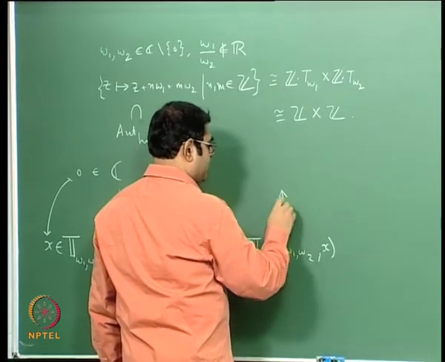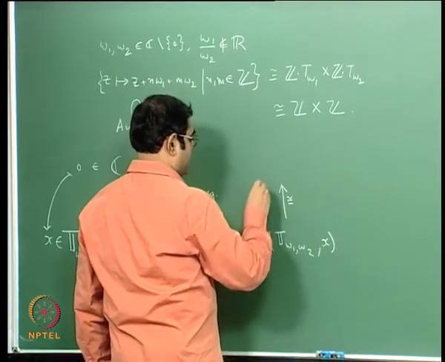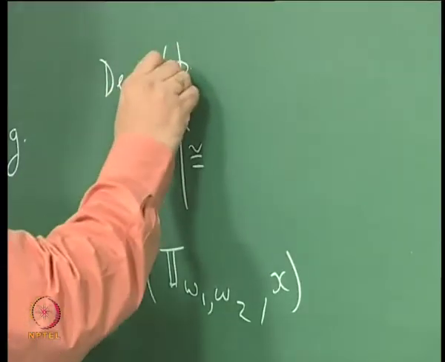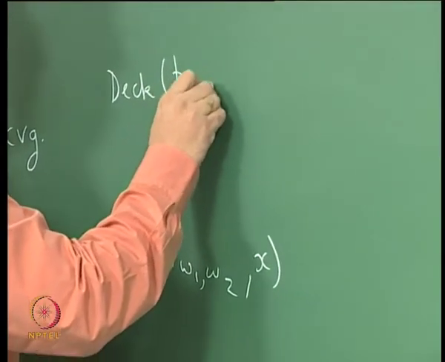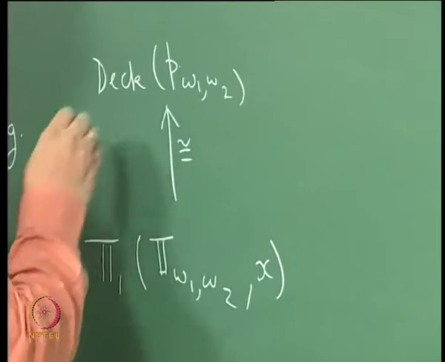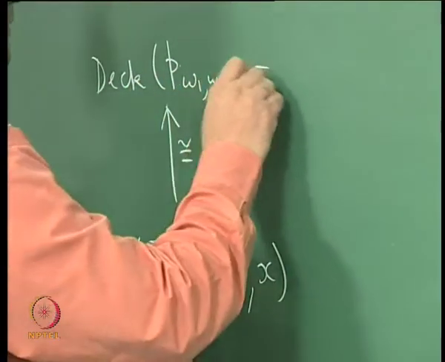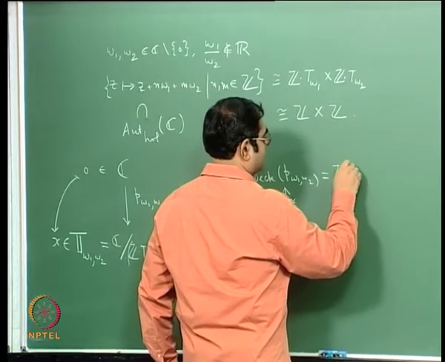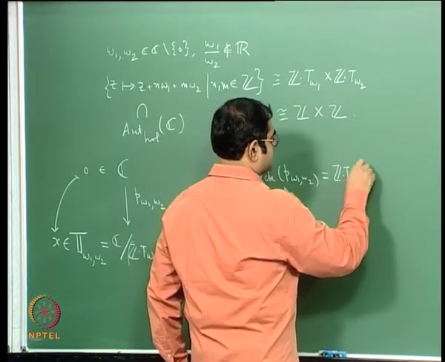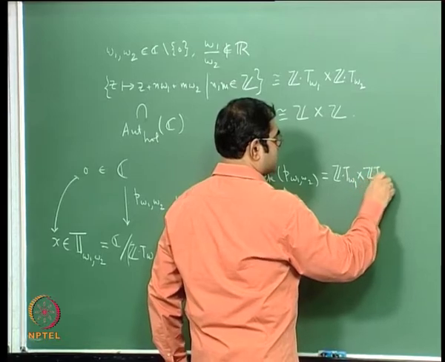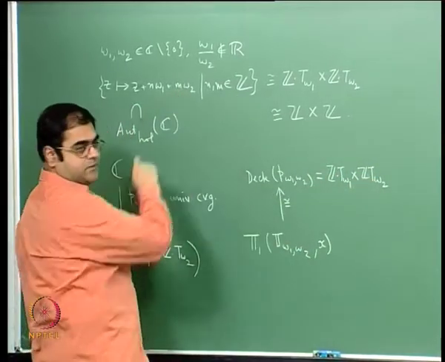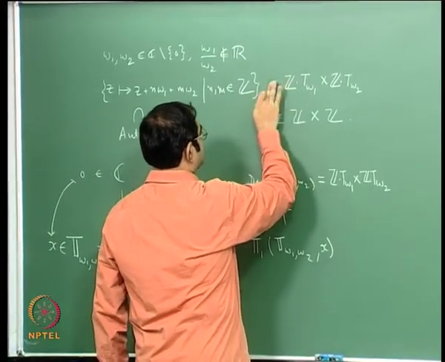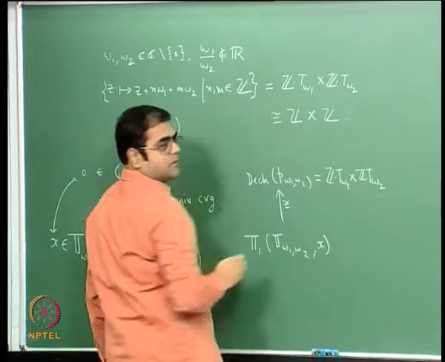is identified with the deck transformation group of this covering P sub omega 1 comma omega 2, and this deck transformation group is precisely this group of translations, Z translation by omega 1 cross Z translations by omega 2, which is exactly the same thing. So in fact I shouldn't even write isomorphic to, it's actually equal to.